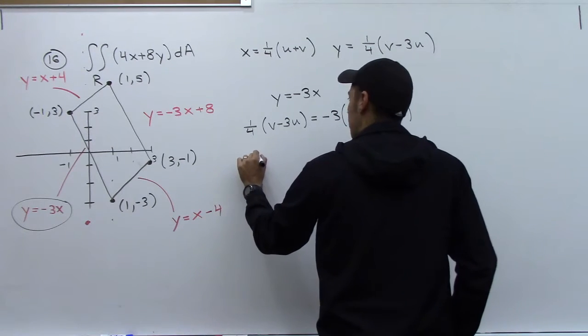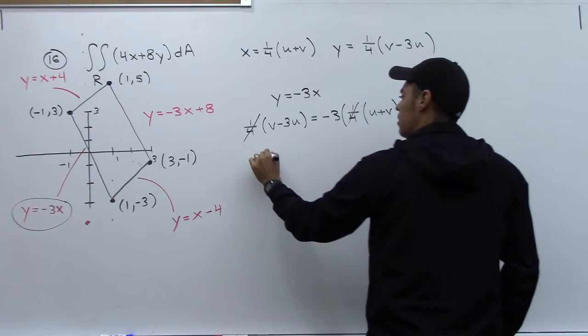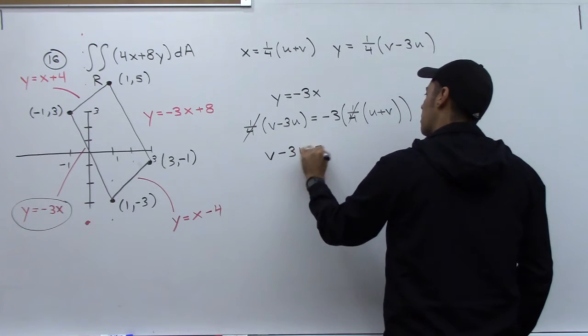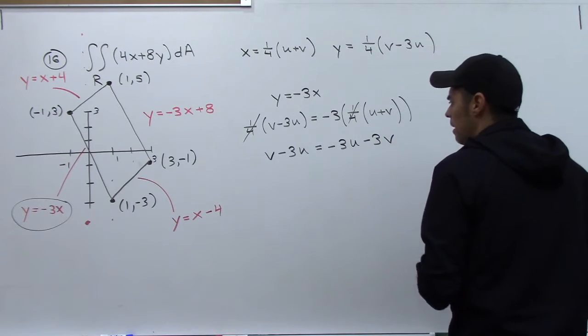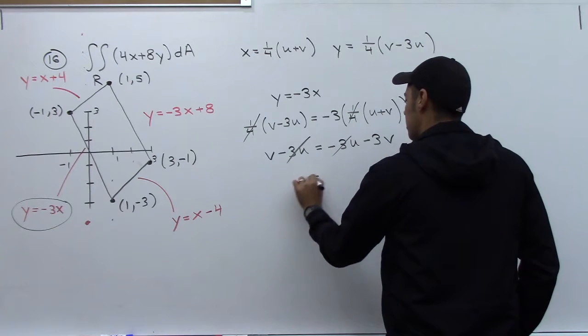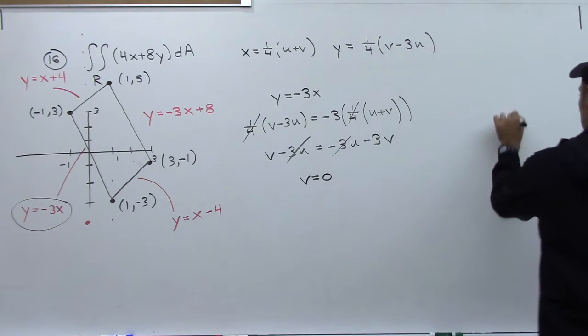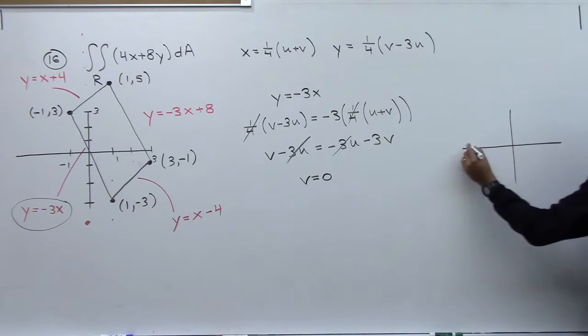So we get, I'm going to multiply both sides by 4, and that'll get rid of those. So I get v minus 3u equals negative 3u minus 3v. My 3u's cancel, and then if I move things around, I'm going to get v as 0. So I know in my uv plane, one of the lines I have is v is 0, which is this.